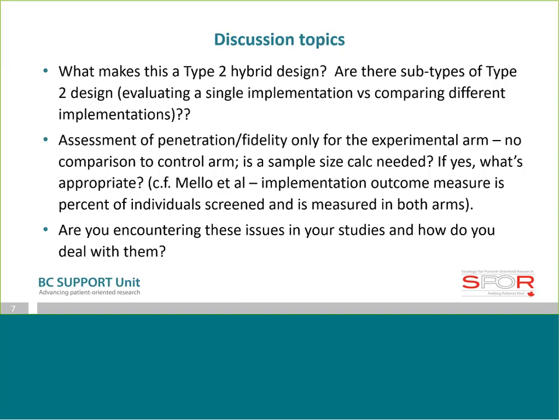The proposal that we put in for review is actually a type 3 hybrid design. So we were essentially doing something different. We were testing an implementation intervention and collecting clinical data at the same time.